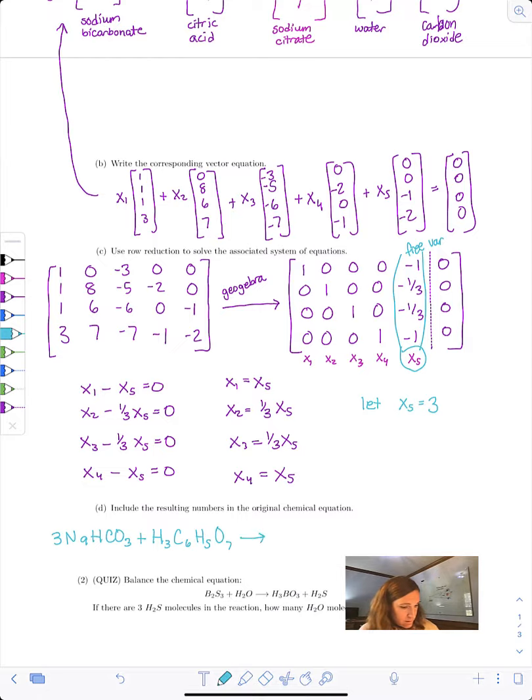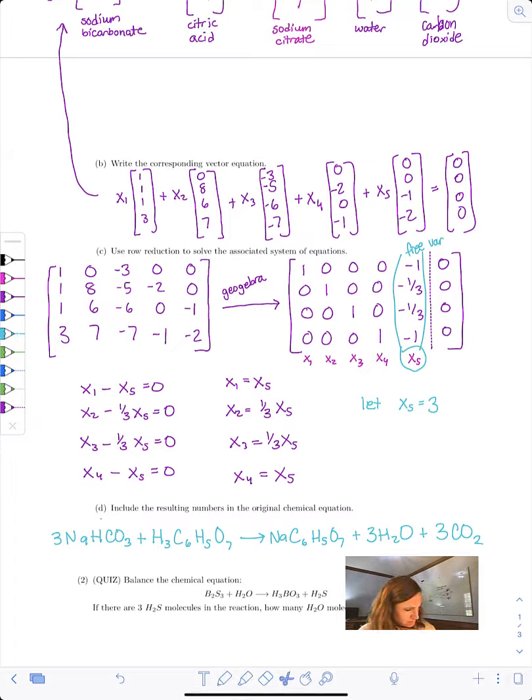And then our sodium citrate is also 1/3 times our carbon dioxide. Okay, and then our oxygen is actually equal to our carbon dioxide, and then of course our number of carbon dioxide we chose to be 3. So here is our final equation.